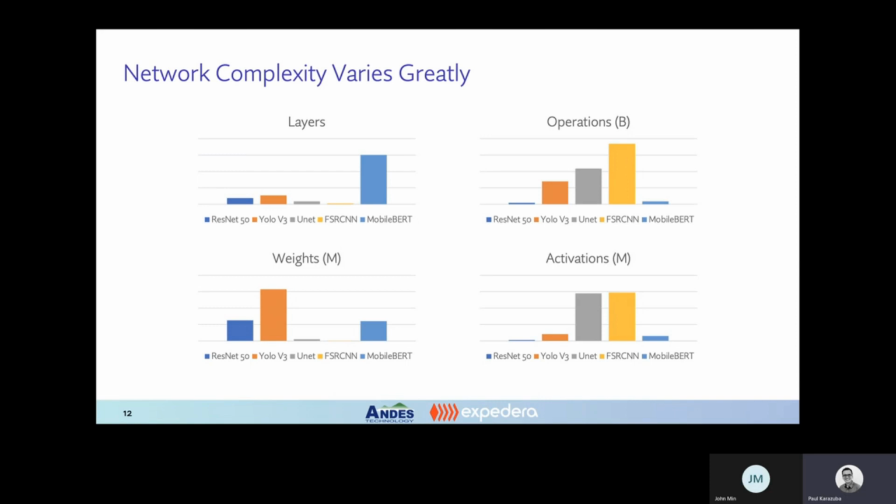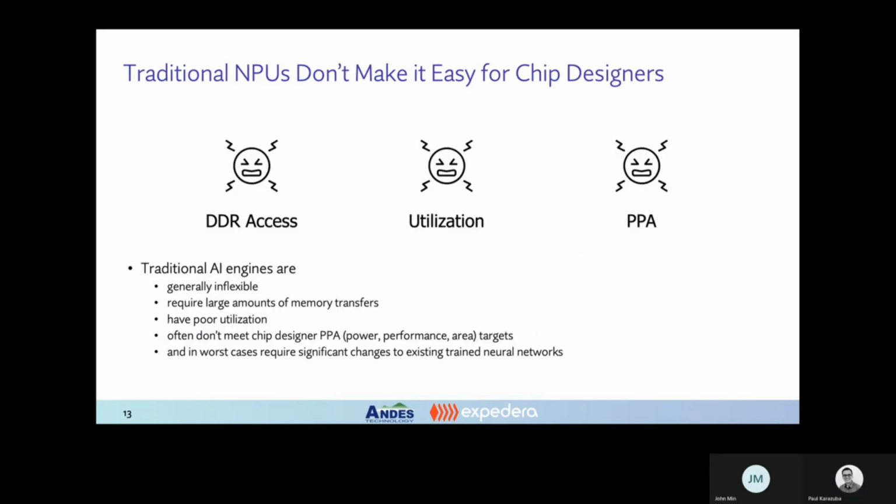If you look at the number of layers, or the number of operations in billions, or weights or activations that are required, each one of these is obviously completely different and is going to require a different level of performance and capabilities from your AI engine, whether it is a CPU-based AI deployment or specifically an NPU.